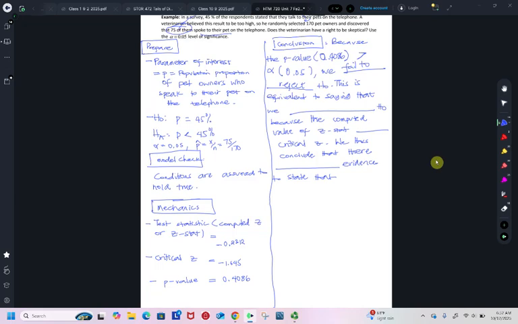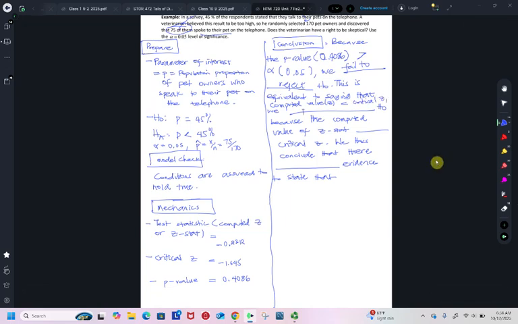This is equivalent to saying that because the computed value of z-stat is greater than, let's make sure of that, since we want to fail to reject, that will be less than the critical z.